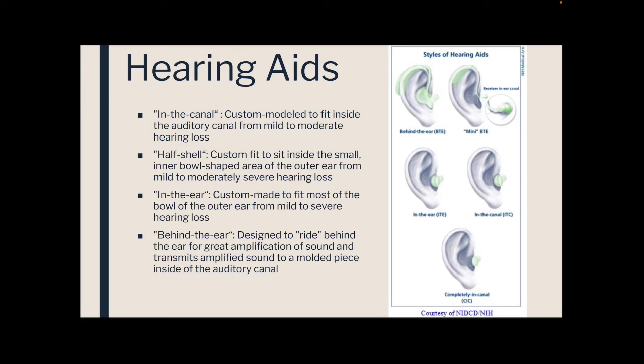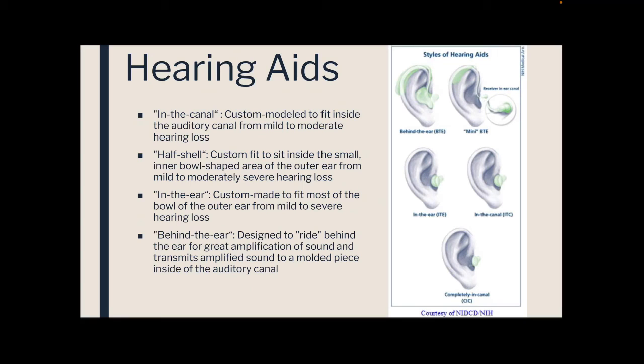There's in the canal ones, which is, like it says, custom modeled, that actually fit inside of the canal, our auditory canal. There's half shell, which fits in the auricle, and it shapes the little indentation in your auricle area.